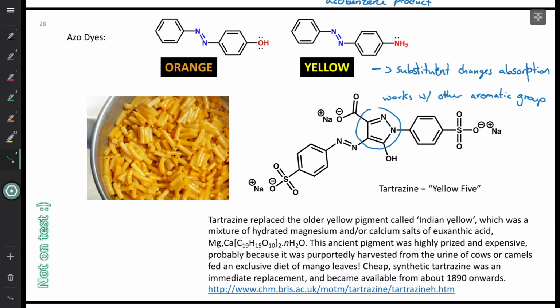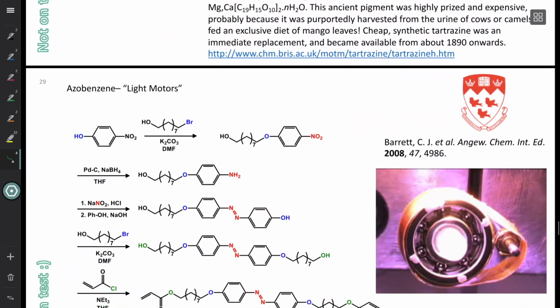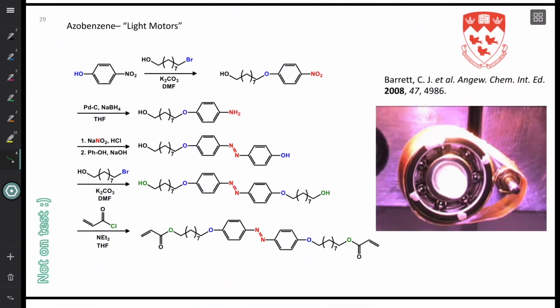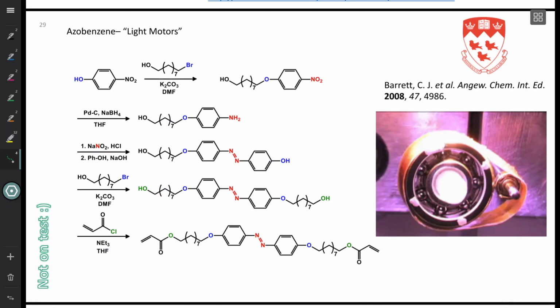So azo compounds are in dyes, but they also do a really cool thing, which is that azobenzene compounds can switch. So here you can see how they're all in this trans form, right? But you can flip them between trans and cis, depending on whether you shine UV light or visible light at them.